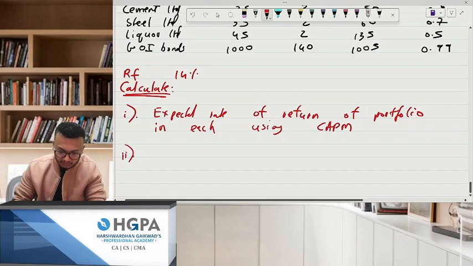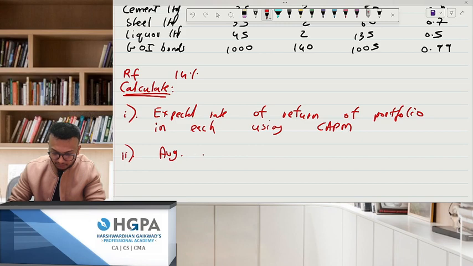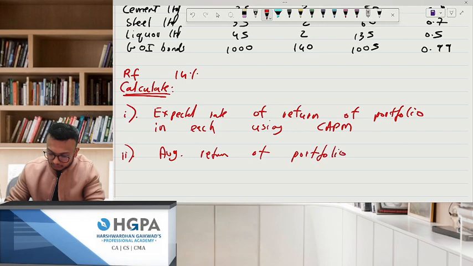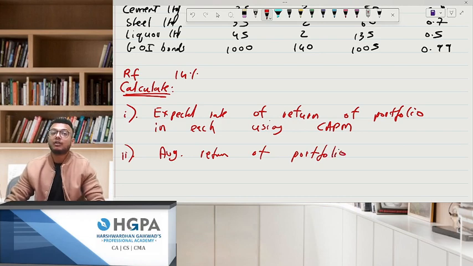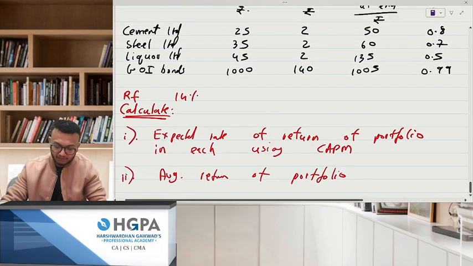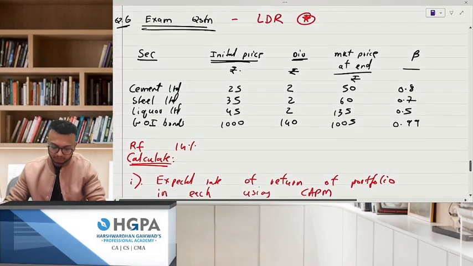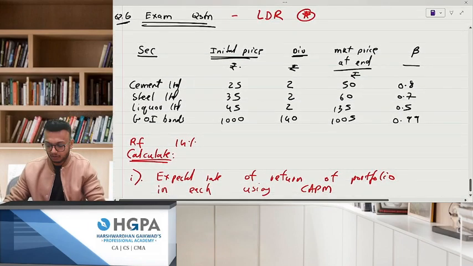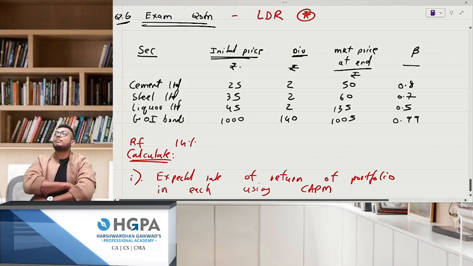And second, calculate average return of portfolio. Average return of portfolio.